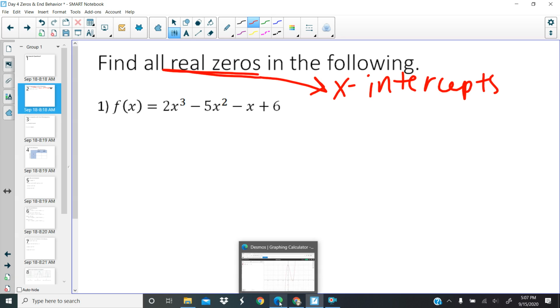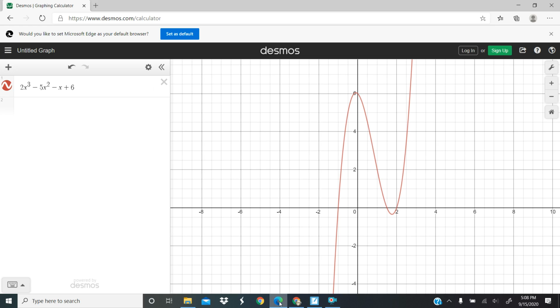So I went ahead and came over here and graphed our equation, so 2x cubed minus 5x squared, etc. And I want to actually find those x-intercepts. On Desmos, it's kind of cool. You can just click on the points on the x-axis, and it'll give you all three of those x-intercepts for you.